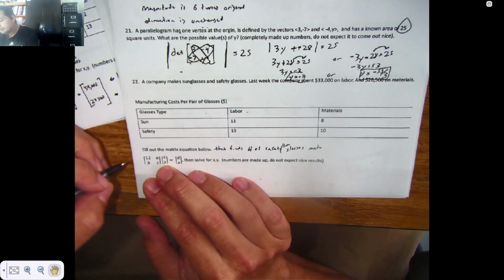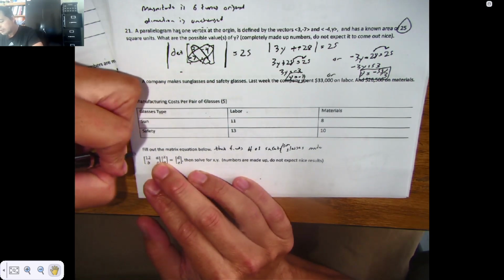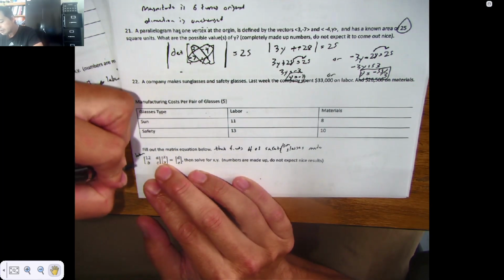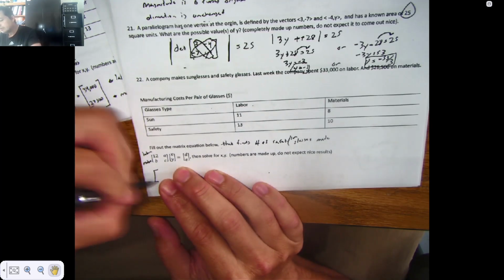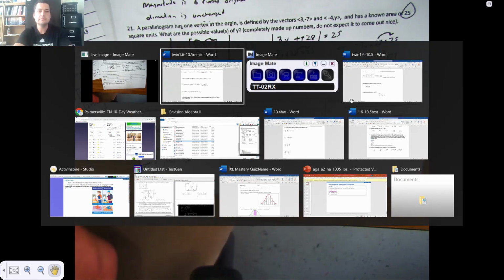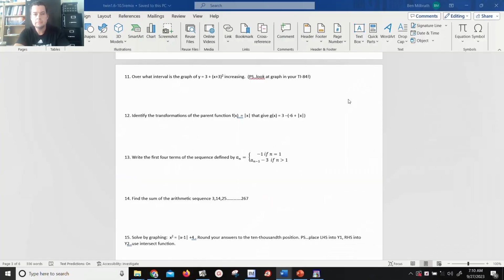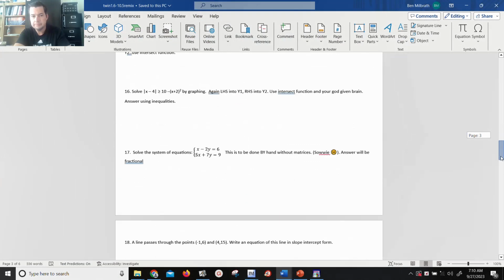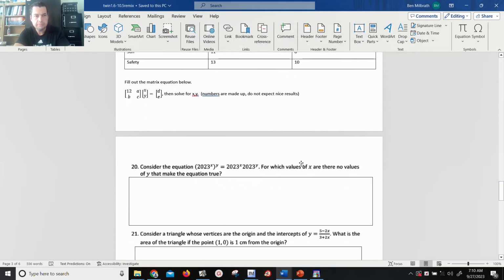I don't know. I made some stuff up. This row is going to talk about labor, and this row is going to talk about material. All right, so that needs to be edited to become an 11. I forgot to change it.